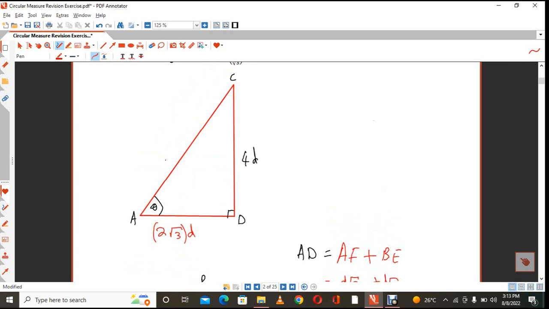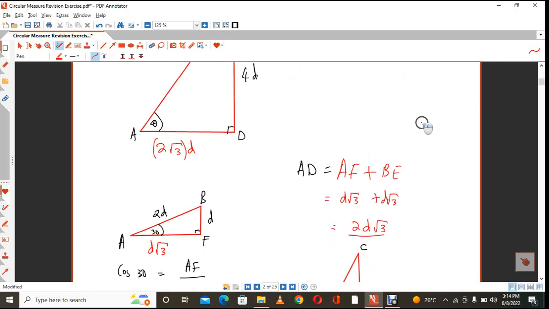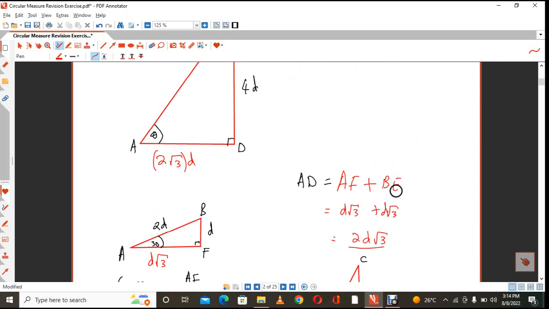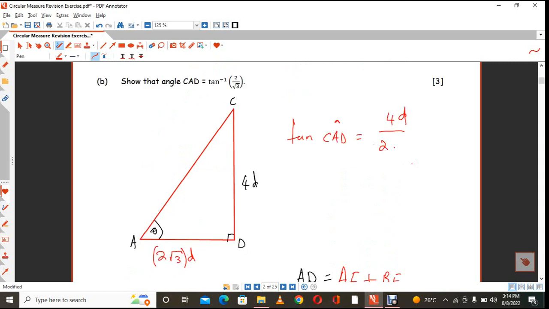So we can actually calculate the tangent. The tangent of angle CAD is the opposite, which is 4D, over the adjacent, 2D root 3. I just want to make sure of something here.